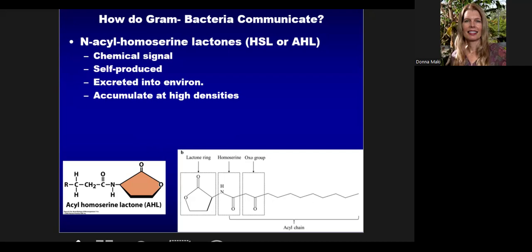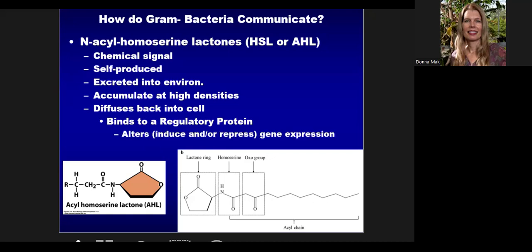And once it crosses a threshold, so to speak, it'll start to diffuse back into the cell. All the cells in that area, that chemical will start to diffuse back in, and it binds to a regulatory protein inside the cells. And then that regulatory protein, now that it has that chemical signal, it will go to certain aspects of the chromosome and alter gene expression.